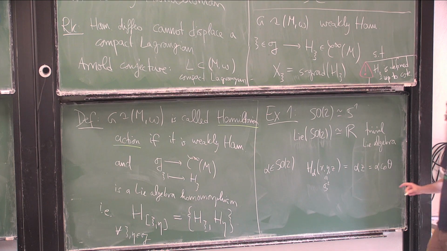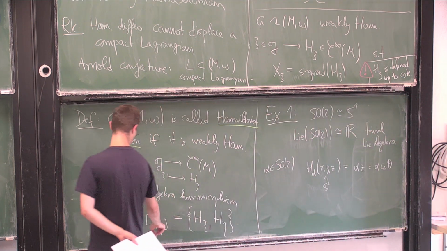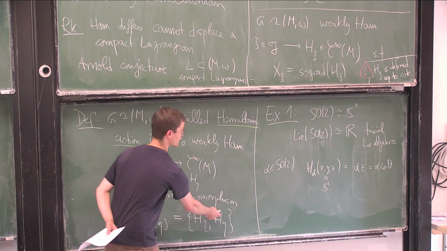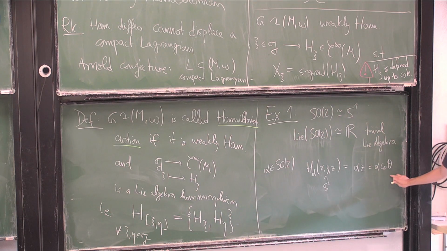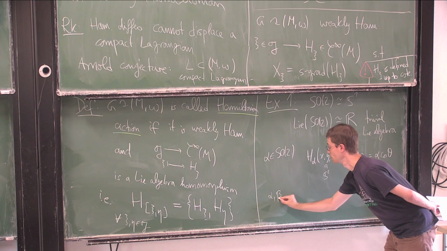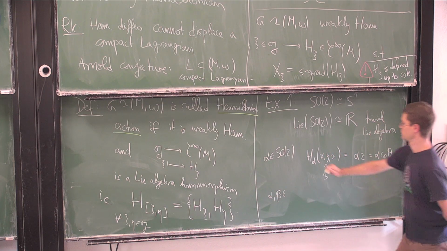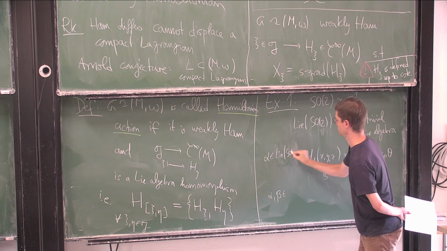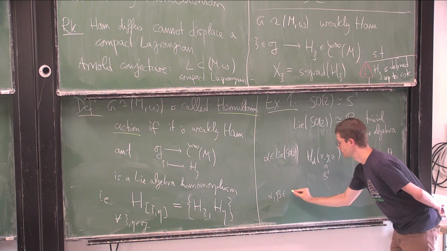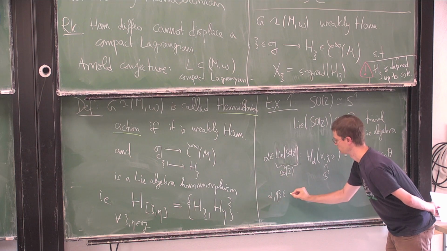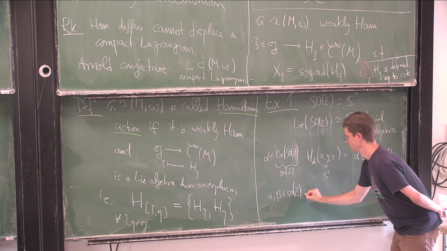So you should check. If I take two elements and take the bracket, it is 0, so the Hamiltonian associated to it is 0. You should check that when I take two functions of this form, their Poisson bracket is also 0, but of course this function only depends on theta. Sorry, actually I should write it more like this. This is the Lie algebra; I will write it as a small so2.